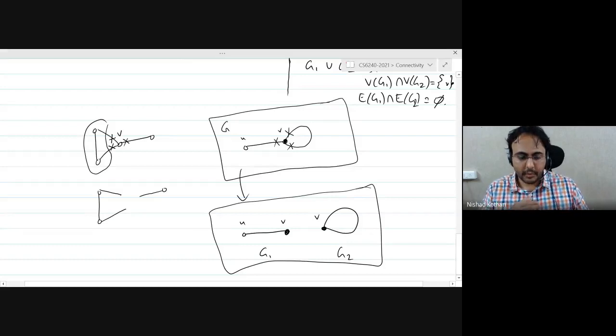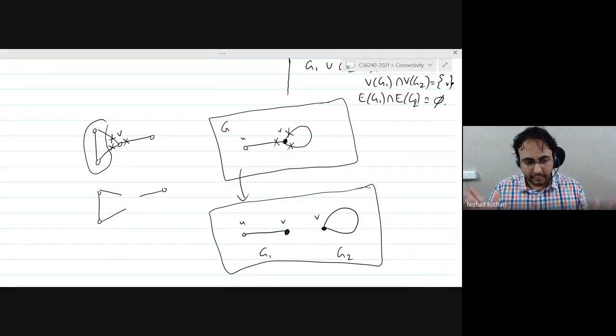I have not formally defined unions of graphs before, but now I'm defining it, and it is exactly the way you see. You take the union of the vertex set and the union of the edge set. Of course, if you want to do this rigorously, you need to label vertices and make sure you know which vertices are common.